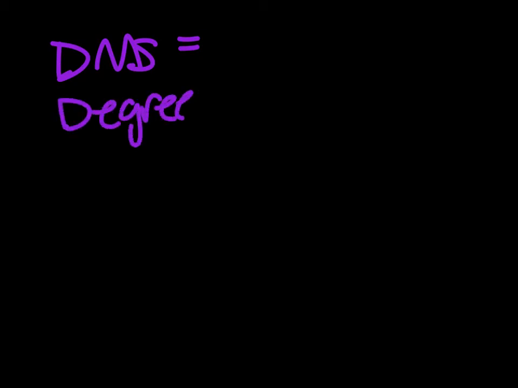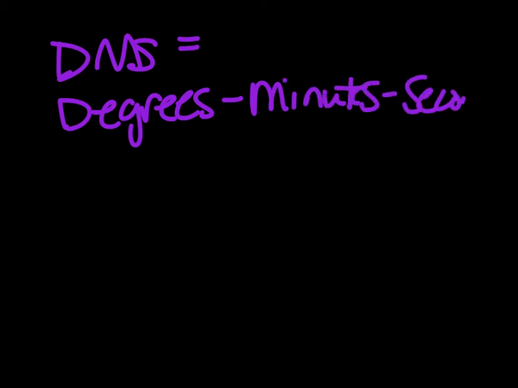Okay, next we're going to learn to convert into degrees, minutes, and seconds. So when you see that notation, that means degrees, minutes, and seconds. So instead of saying something like 25.63 degrees, they're going to put it in degrees, minutes, and seconds.